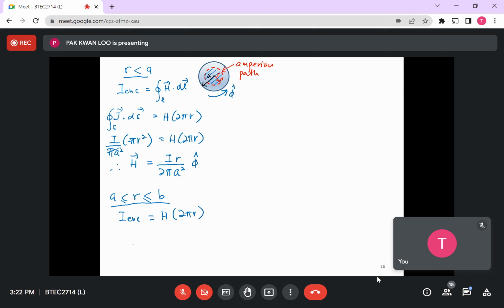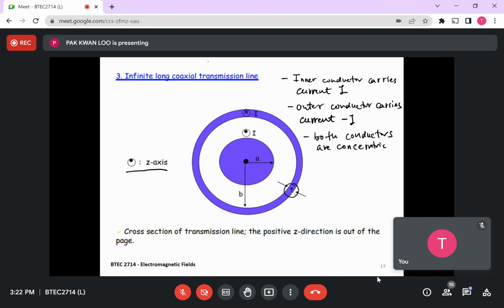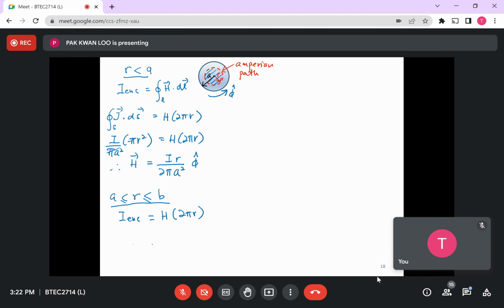Now the current enclosed, if we go back to our diagram here: if I'm enclosing the entire conductor, this part here, the entire inner conductor, then the overall current carried by this conductor is I. So the I enclosed will then be I. So I equals H 2 pi R, and therefore the magnetic field is I divided by 2 pi R, in the phi cap direction.